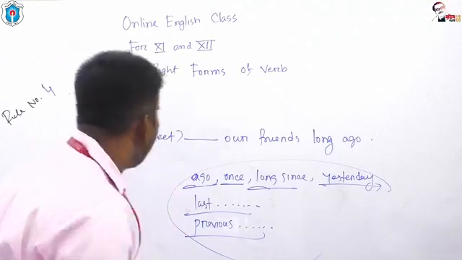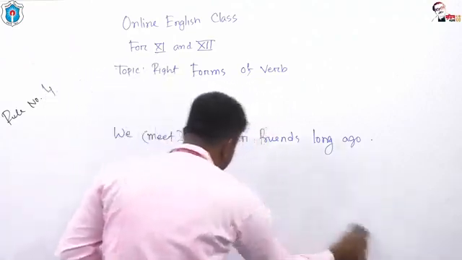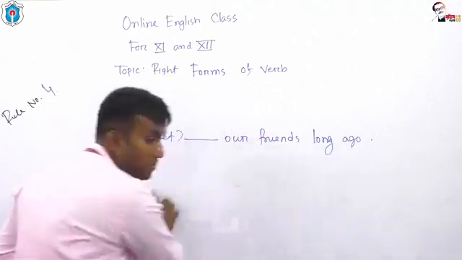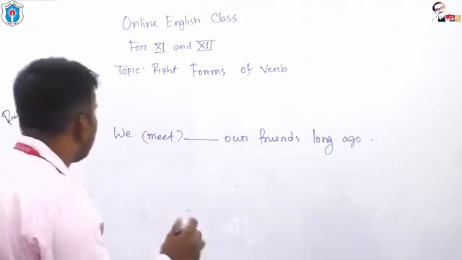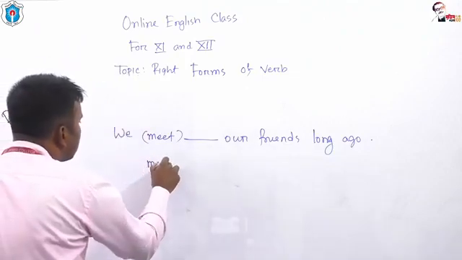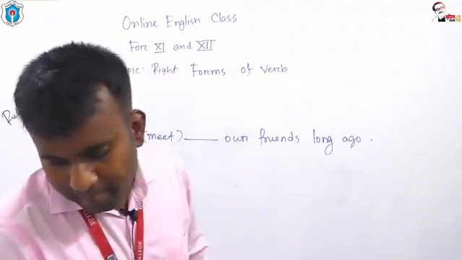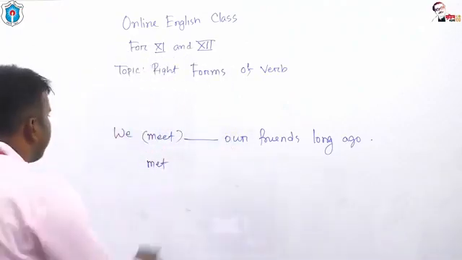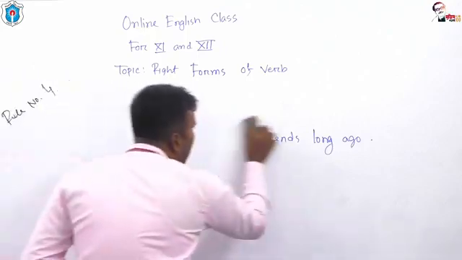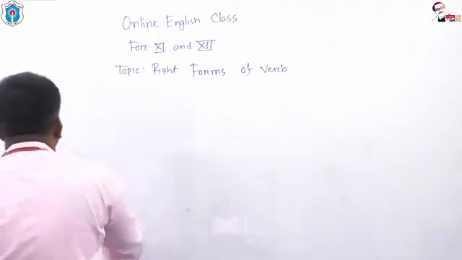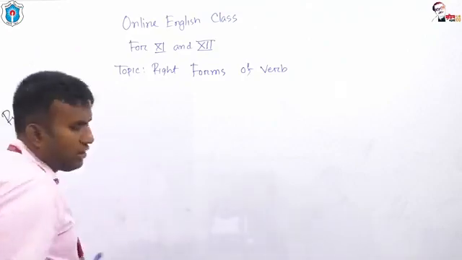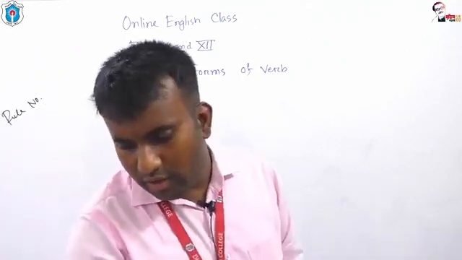The answer should be "we met". Okay, we met our friends long ago. We have already completed example number 4. That is rule number 4. Our next rule for you. Okay.